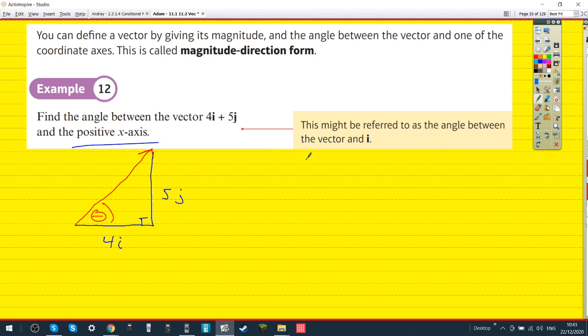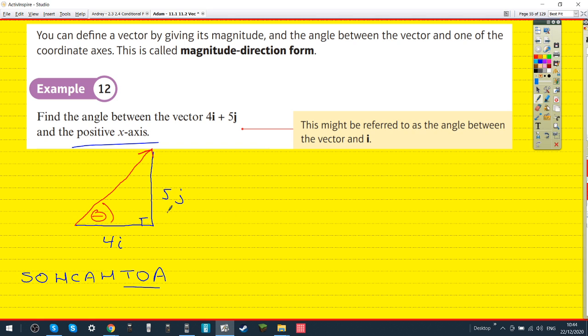Well, what you could do is find the hypotenuse using Pythagoras and then use the cos rule. Or, because it's a right angled triangle and the cos of 90 is 0, you could do SOHCAHTOA. Would you use TOA? Yep. Because you've got opposite and adjacent, right?